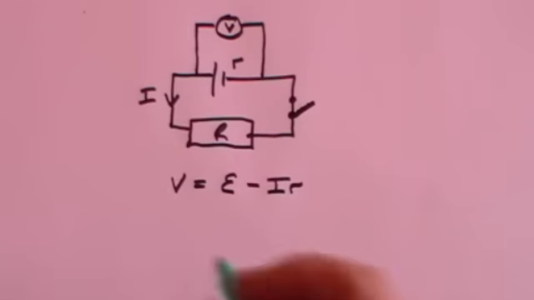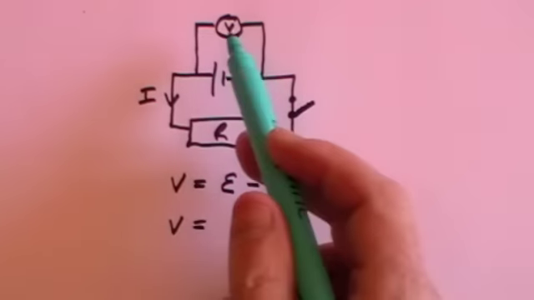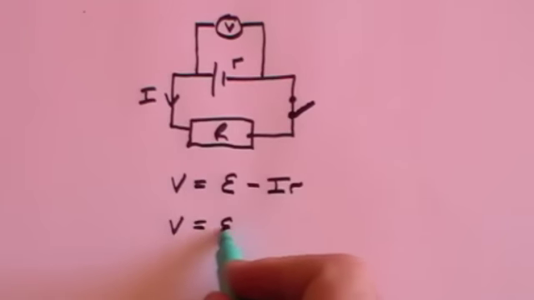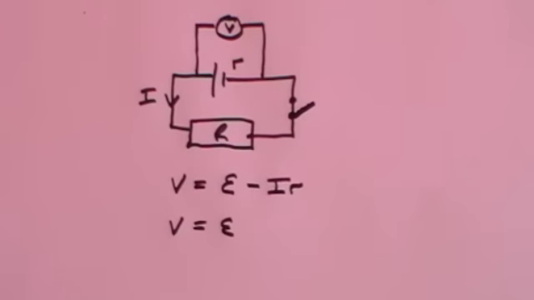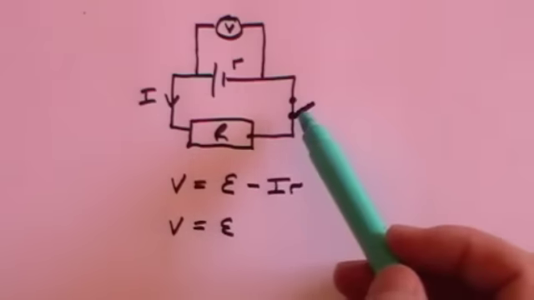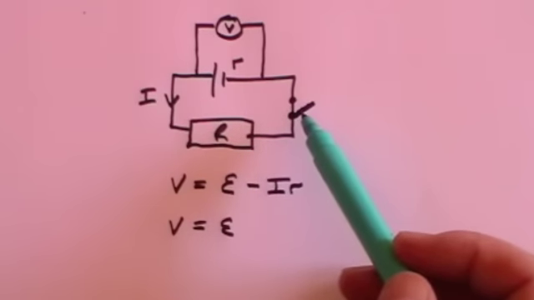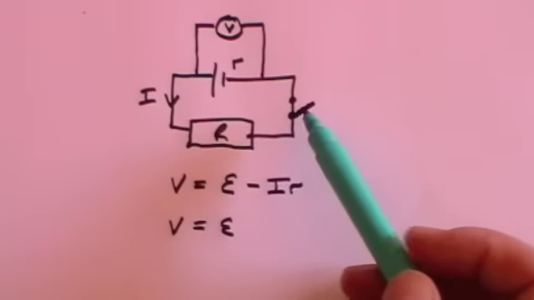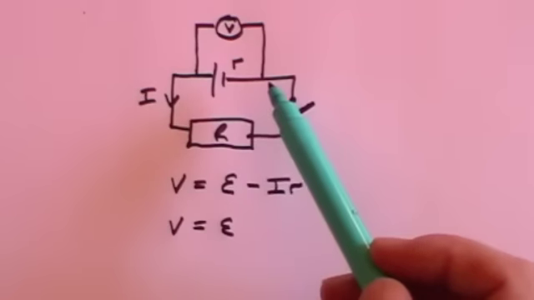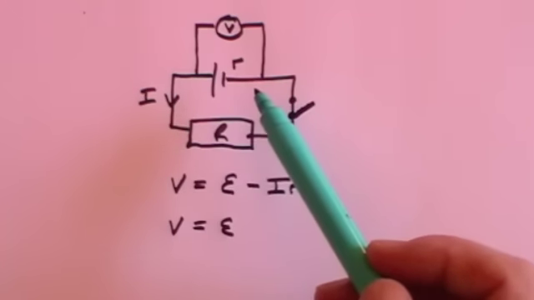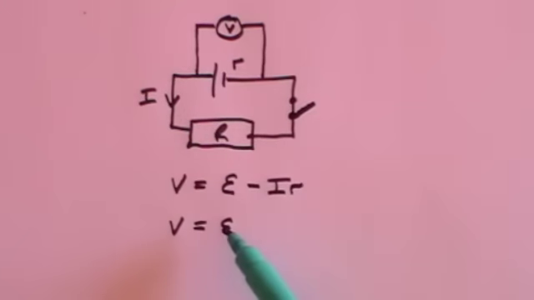If I is equal to 0, then V measured on the voltmeter will precisely equal the EMF. So when the circuit is open, no current is flowing, you put a voltmeter across the battery, you will measure 5 volts. You will actually measure the full EMF of the battery because no current is flowing.